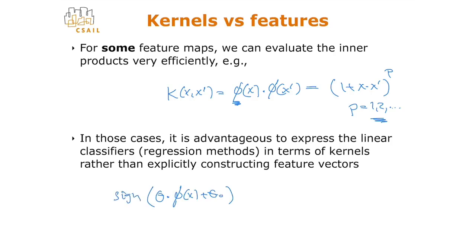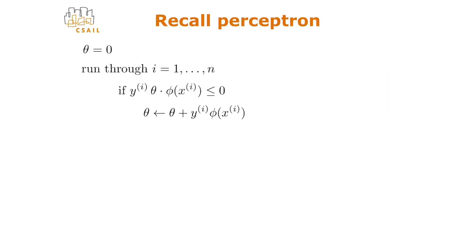Somehow we wish to turn that into a classifier that only depends on those inner products, operates in terms of kernels. Okay? And we'll do that in the context of kernel perceptron, just for simplicity, but it applies to any linear method that you've already learned. So let's see how we can do that with a simple perceptron classifier.